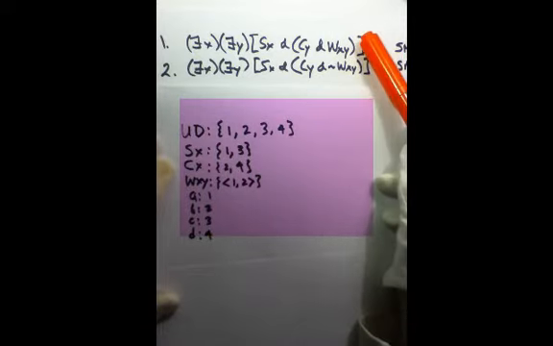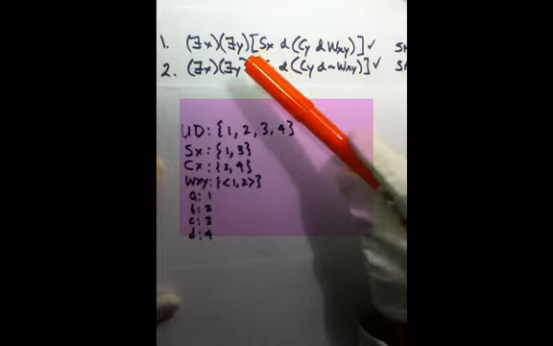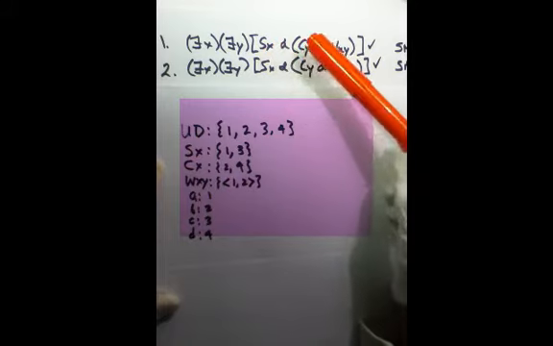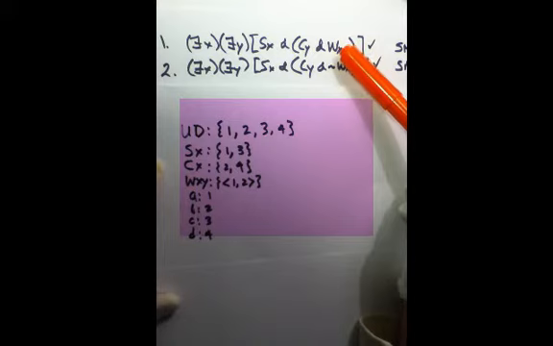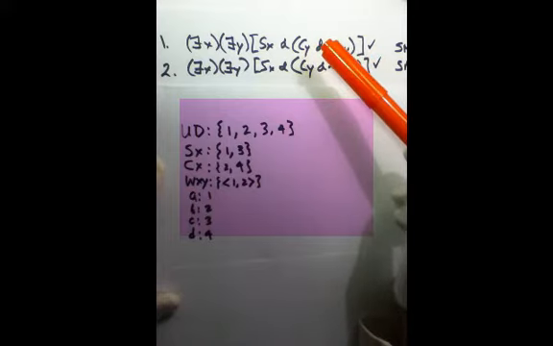This sentence, again, number 1, says there's a pair xy such that the x is an S, the y is a C, and the pair xy is in the extension of W. And our question is, is that really true? Is there really a pair that satisfies all of those conditions?